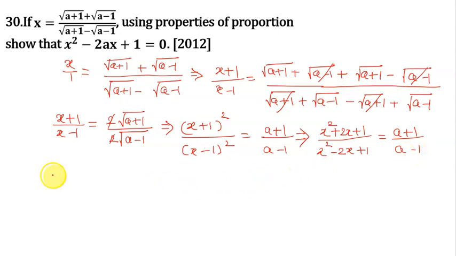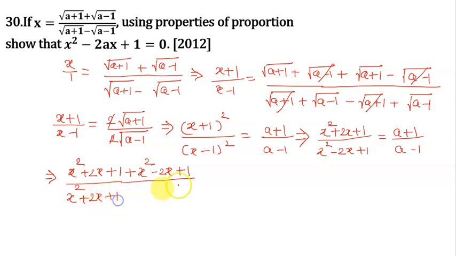Again applying componendo and dividendo, you will have [x² + 2x + 1 + x² − 2x + 1], and this whole divided by [x² + 2x + 1 minus (x² − 2x + 1)], changing the sign of the denominator, and that equals, on the right hand side, [(a+1) + (a−1)], and this whole divided by [(a+1) − (a−1)].